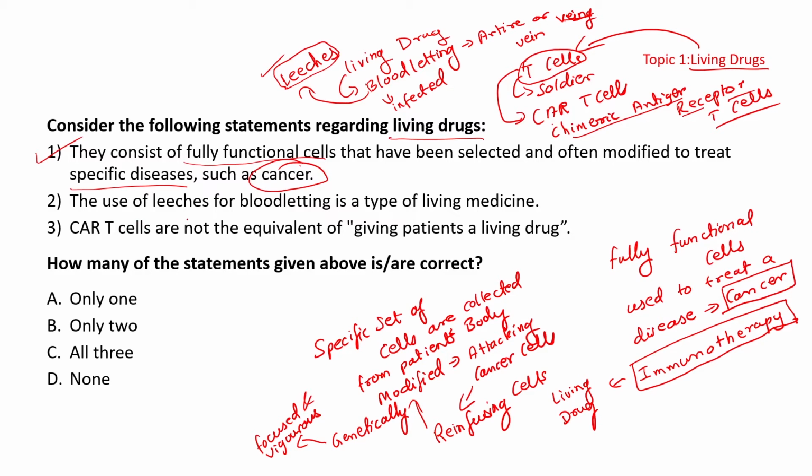The use of leeches for bloodletting is a type of living medicine. Absolutely correct. We have seen that also. CAR T cells are not equivalent to giving a patient living drugs. This is not correct. It is equivalent to giving a living drug. Basically, it is a living drug. So first two statements are correct, hence our answer will be B, only two.